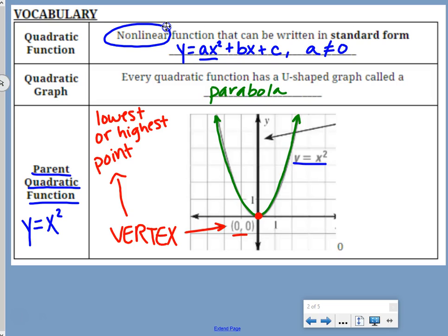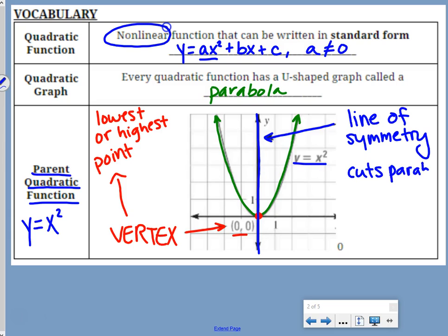The other piece of a quadratic function is right here, and it's called our line of symmetry. The line of symmetry cuts the parabola in half and goes through the vertex.